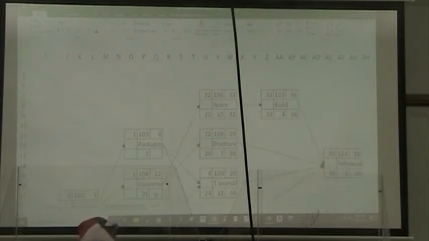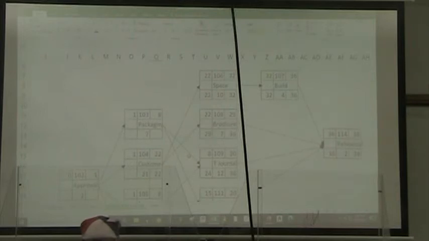So we say we want the smaller of the two. So we say equals MIN, click on the late start for finding space, comma, click on the late start for starting the brochures, right parenthesis.